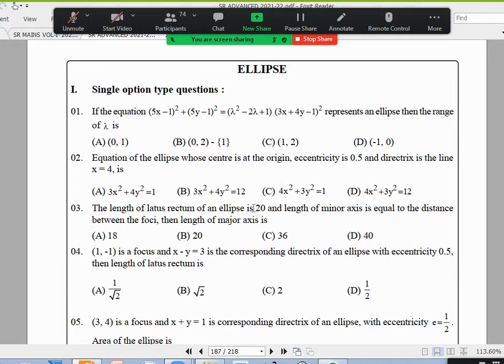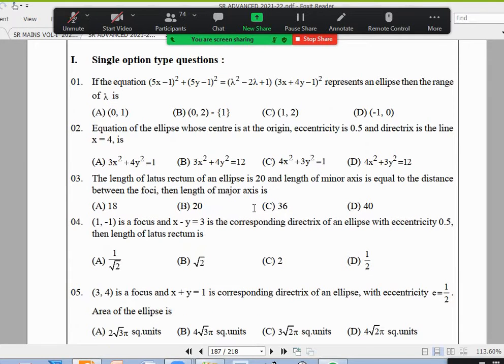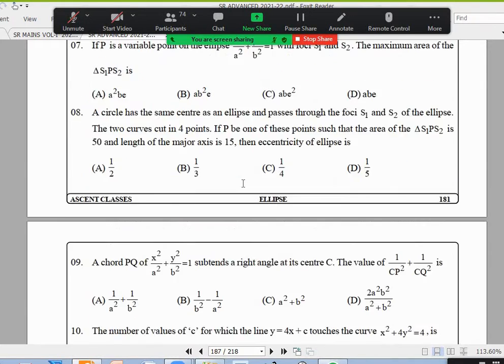Anybody any doubts? Okay, whoever tried, do you have doubts, numbers with you? Please respond. Or whatever you tried, you got it. Option 14th one. Which one? Single answer 14 in ellipse.